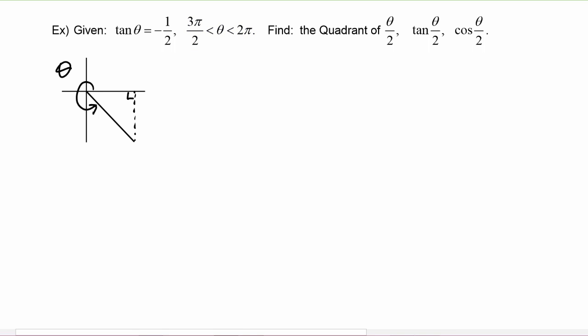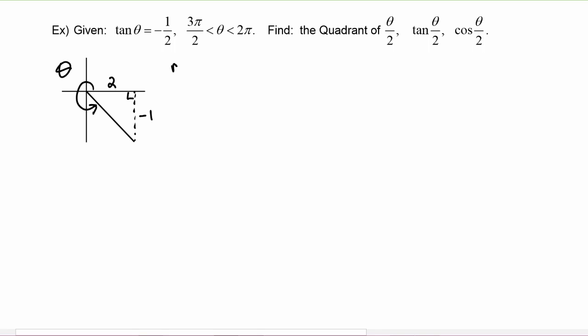Now we can start labeling the sides of the reference triangle because we're given that tangent of theta has to be negative 1/2. So we know the y value over the x value has to be negative 1/2. And in quadrant 4, it's the y value that will be negative because the x value has to be positive. So y will equal negative 1 and x will equal positive 2.